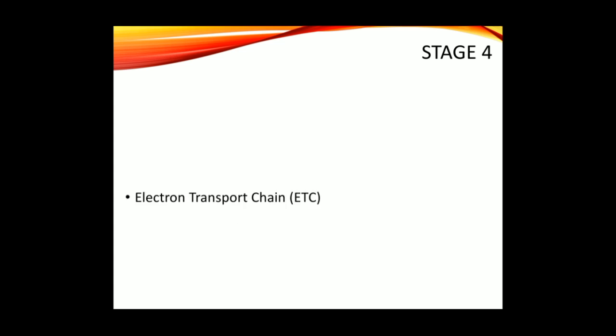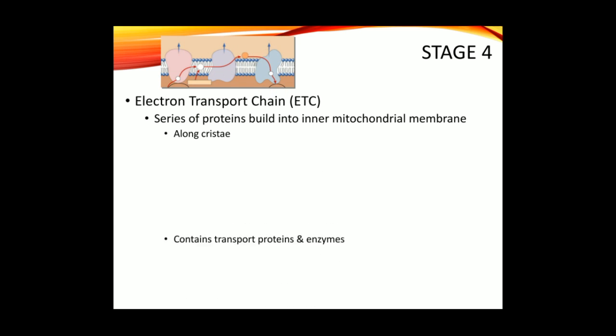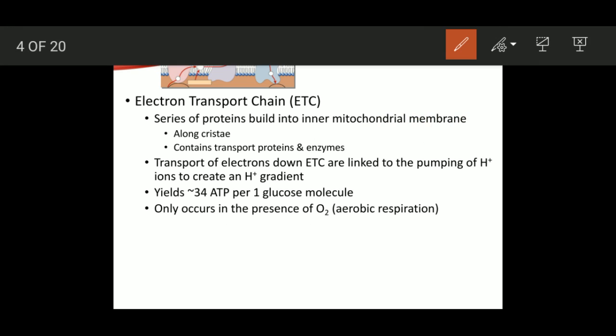It is the process in which electrons travel through the ETC and finally combine with half a molecule of O2 to form water. Hence this is also known as terminal oxidation. As we have already discussed, it is a series of proteins built into the inner mitochondrial membrane along the cristae, which contains transport proteins and enzymes.